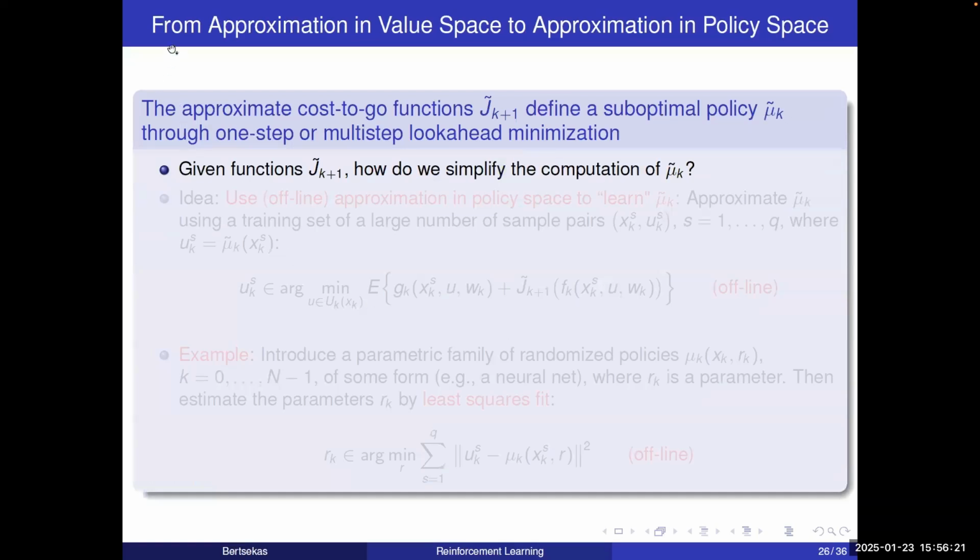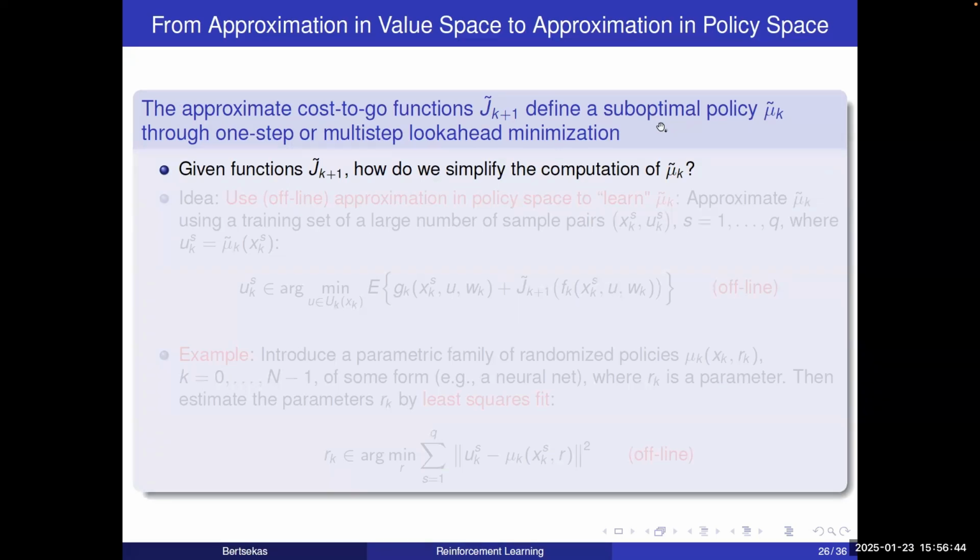Vice versa, we can also go from approximation in value space to approximation in policy space. Because after we compute the approximate cost-to-go, J tilde, during online real-time operation, we still need to do this minimization calculation and various expectations.